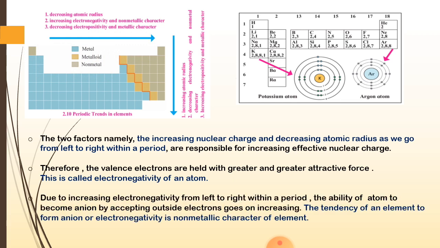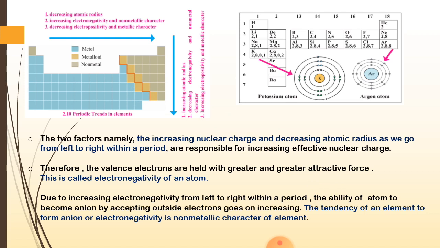So, due to increasing electronegativity from left to right within the period, the ability of an atom to become an anion by accepting outside electrons goes on increasing. Electronegativity is the tendency of an element to form anion, or the non-metallic character of an element.